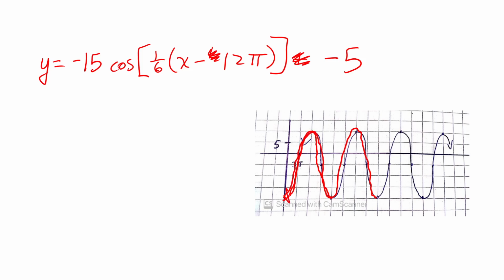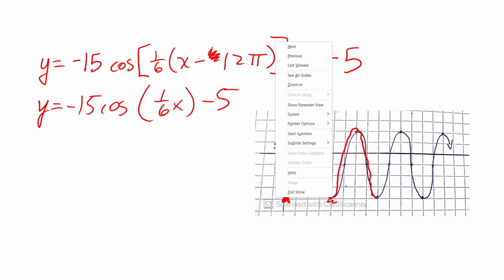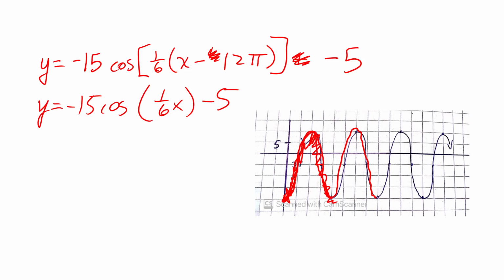And focusing only on this half a cycle, we could have said that the equation is -15 cos 1/6 x minus 5, because there would have been no phase shift whatsoever, because if you follow the symmetry, letting every period be four squares wide, in other words 12 pi radians, if you follow that symmetry and then draw a cycle back, you see that a cycle of negative cos begins right at an x value of 0. So we could have said that was the equation, and both of those would have been equally valid answers.